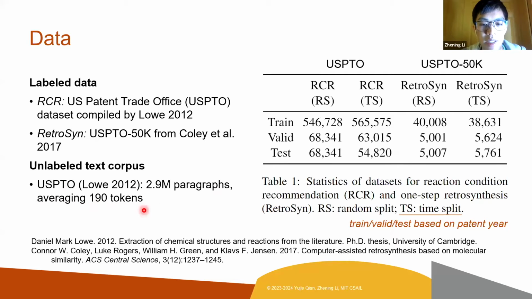And this token count is based off of the default tokenizer that we are using for our model, which is the SciBERT tokenizer. Each paragraph describes a particular reaction, and most of these paragraphs can be matched with the labeled data. So in that case, we filtered all of our labeled data to include only those that have been successfully matched with a text paragraph from the text corpus.